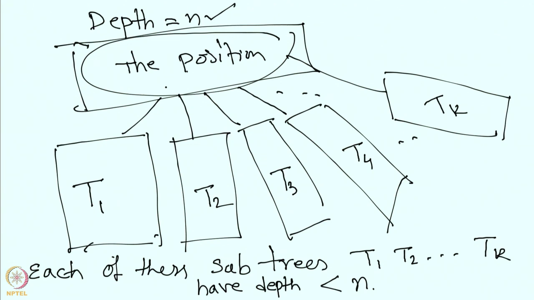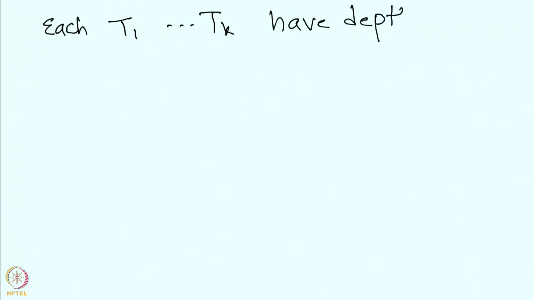So each of T1 to Tk has depth less than n.